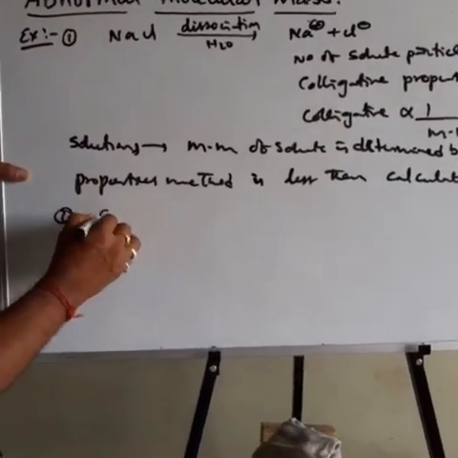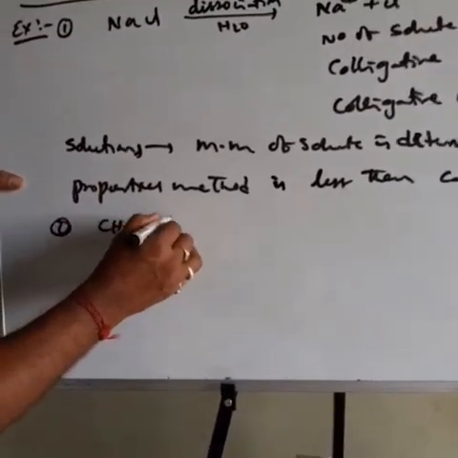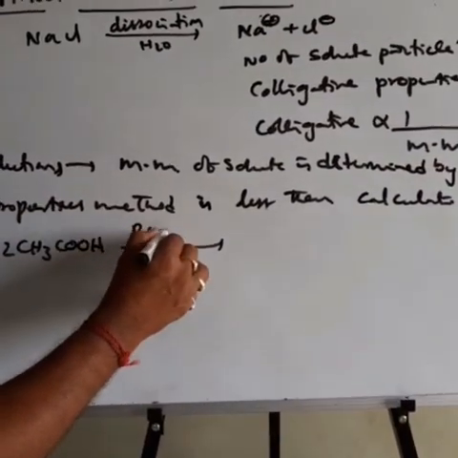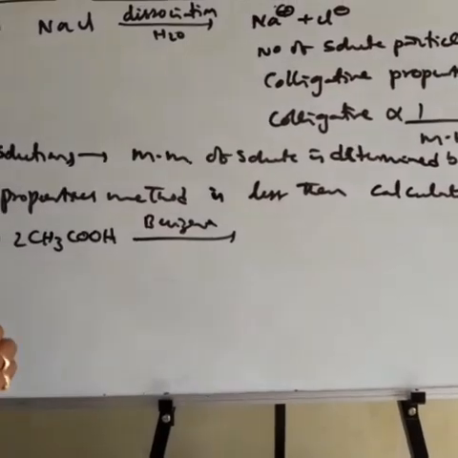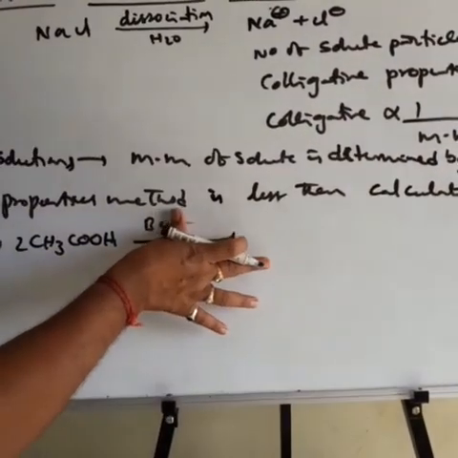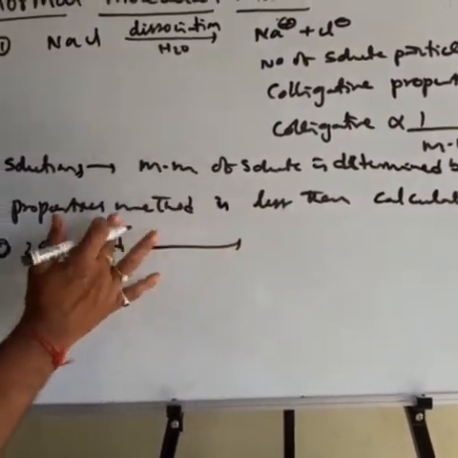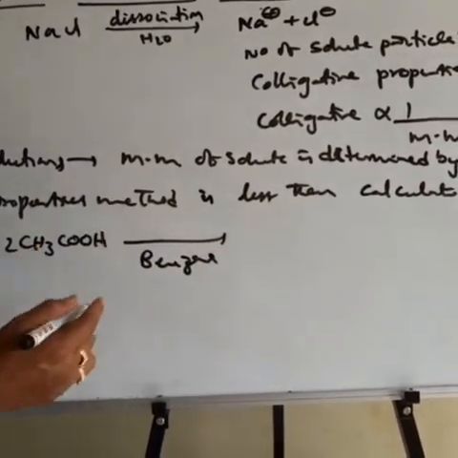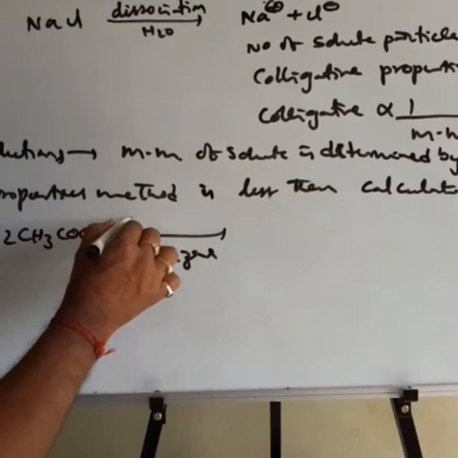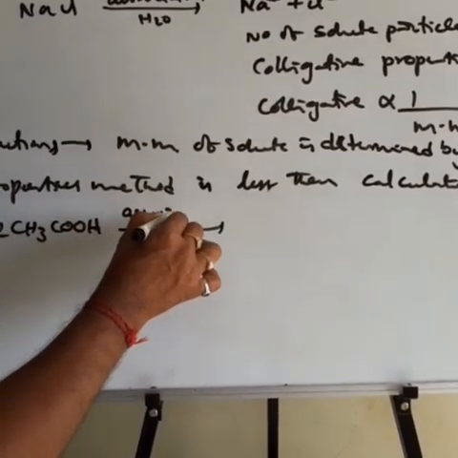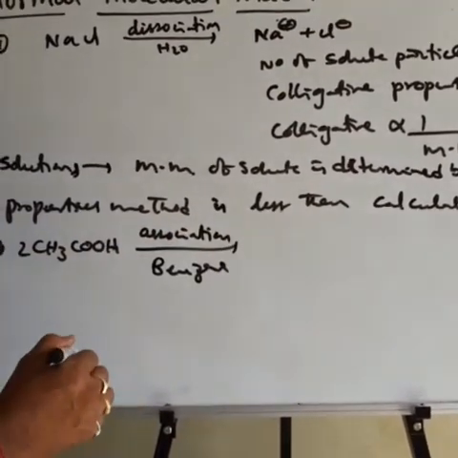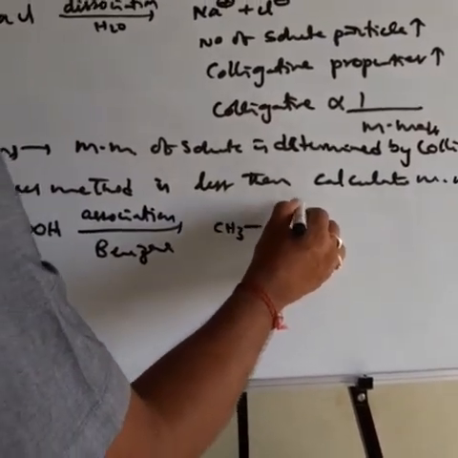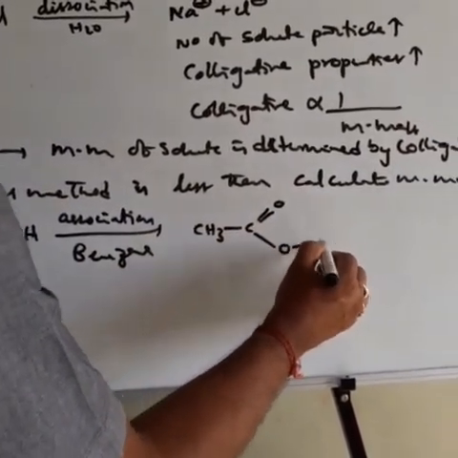Then see the second example. Acetic acid is taken in benzene, meaning dissolved in benzene. Whenever acetic acid is dissolved in benzene, the molecules undergo association. Two molecules come together here; this is association.